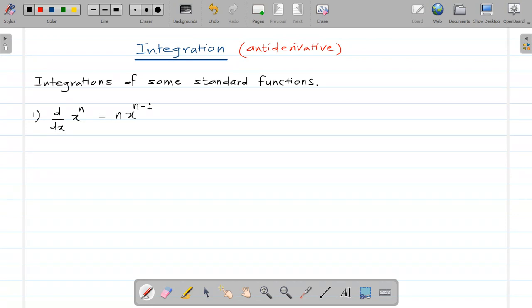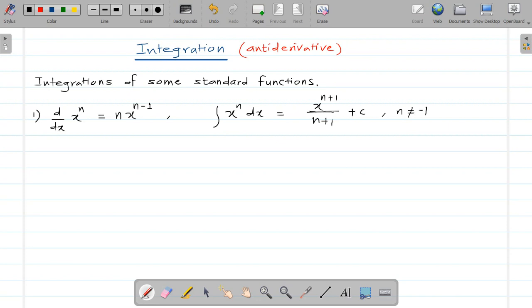Now what about the integration? See here, if you want to evaluate the integration of x raised to n dx, then it will be x raised to n plus 1 upon n plus 1 plus constant, where n is not equal to minus 1.